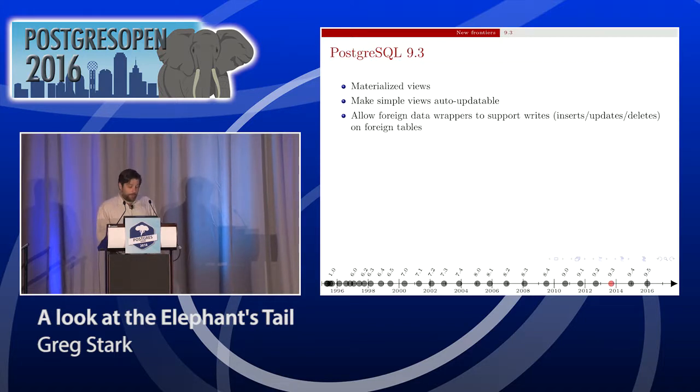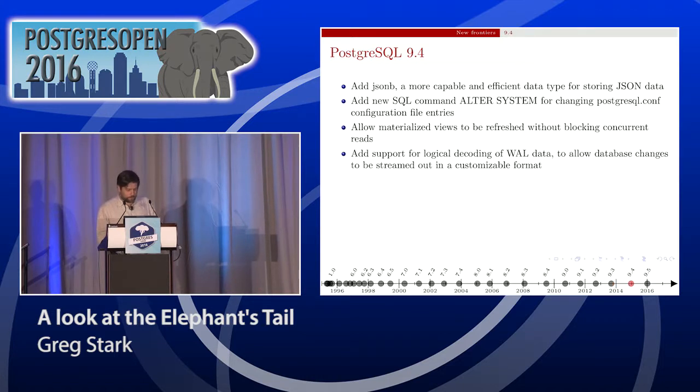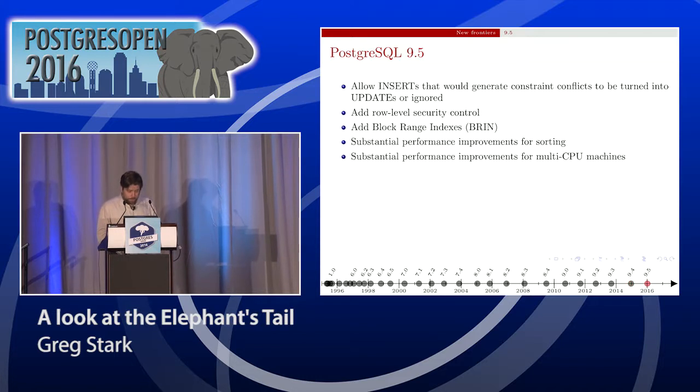Materialized views, being able to update through views. These are ambitious features, things that are not just ticking a box for basic operation, but solving problems that people are coming up with, new things they want the database to do.